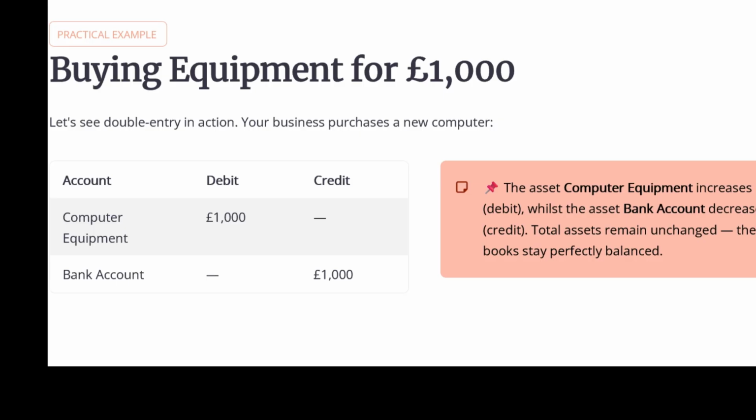The equipment asset increases. That's a debit. And the bank balance decreases, that is a credit. The total value of assets stays the same, which is why the books remain balanced.